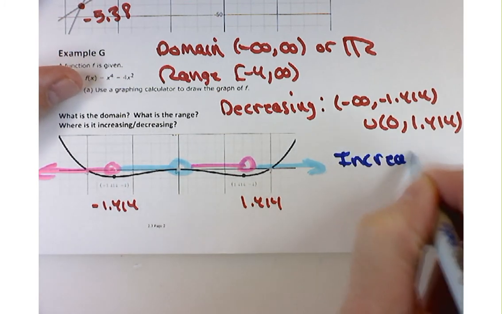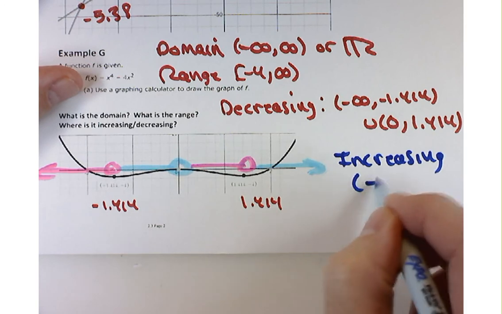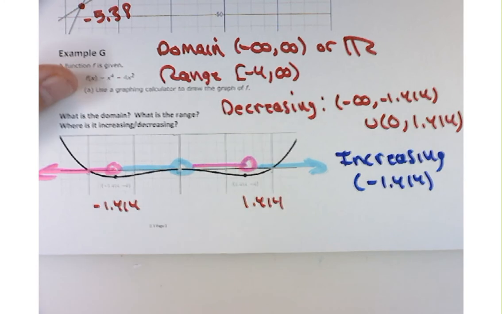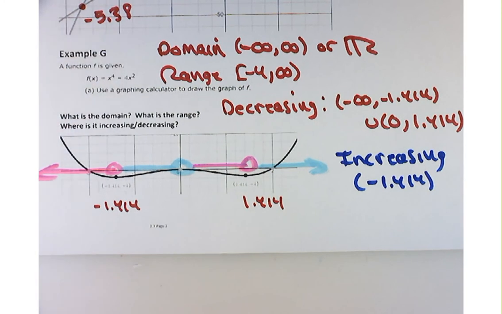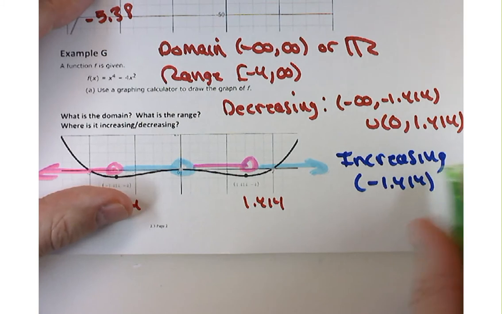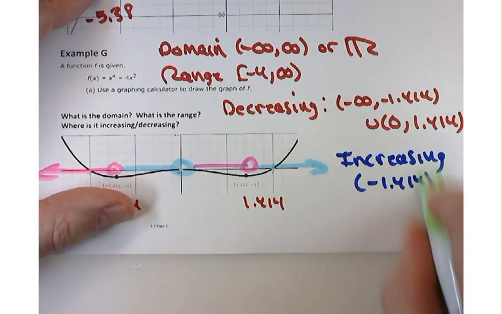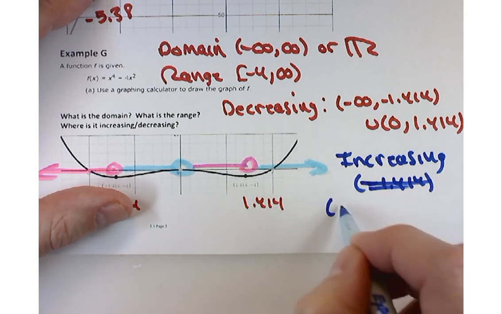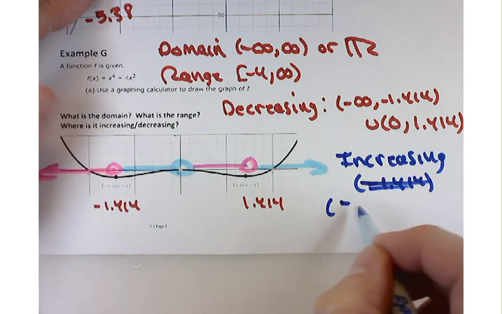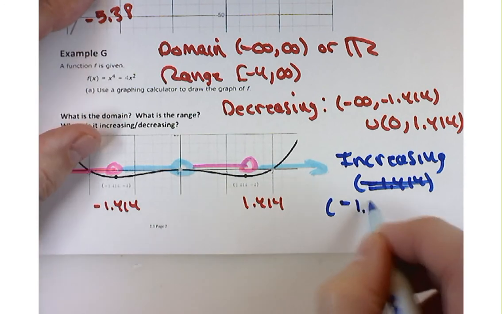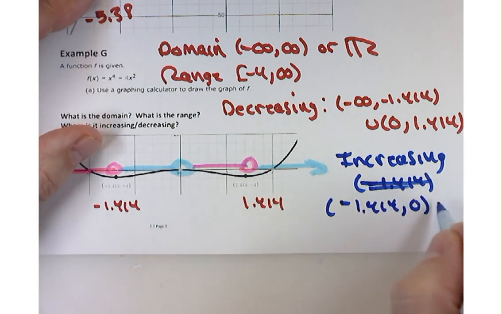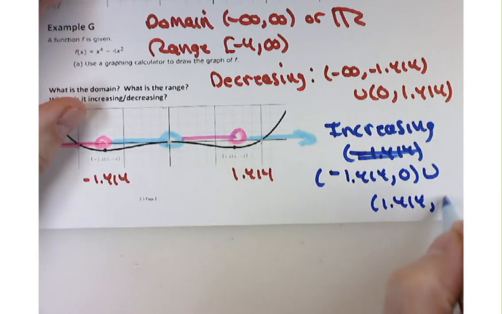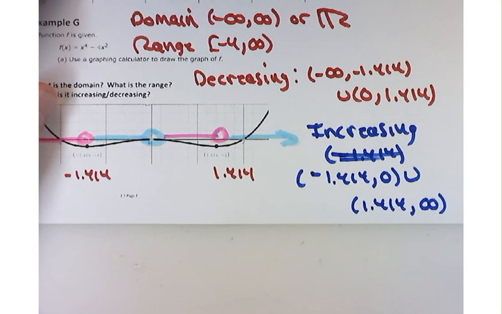Increasing from negative 1.414 to 0, union 1.414 to infinity. So that's where it's increasing.